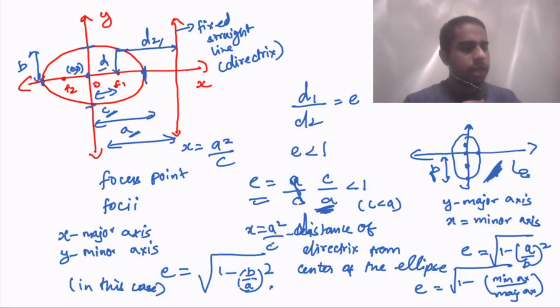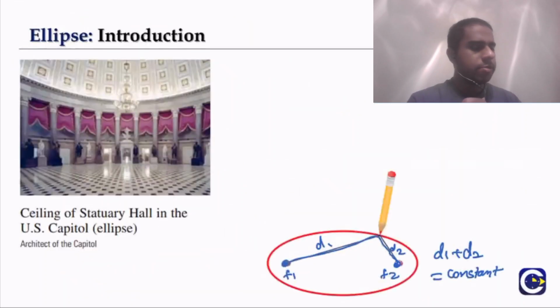If you take any arbitrary point, that is how you draw an ellipse. Like how you draw a circle: you fix a center and fix a radius, and then manually with a compass, you fix a center with one point and with constant length you draw a circle. But drawing an ellipse is different.